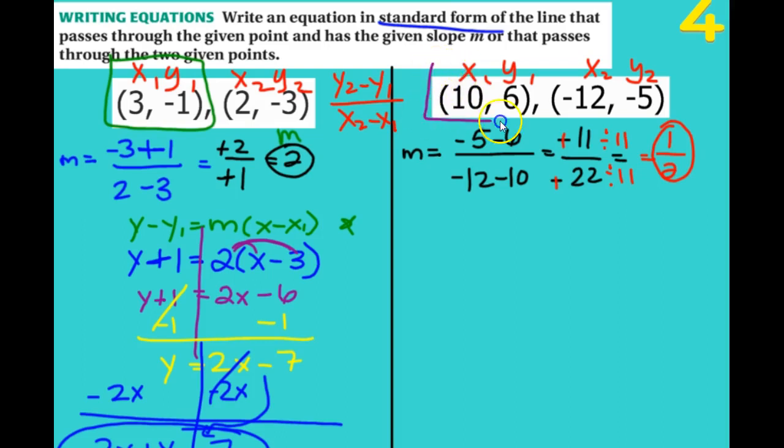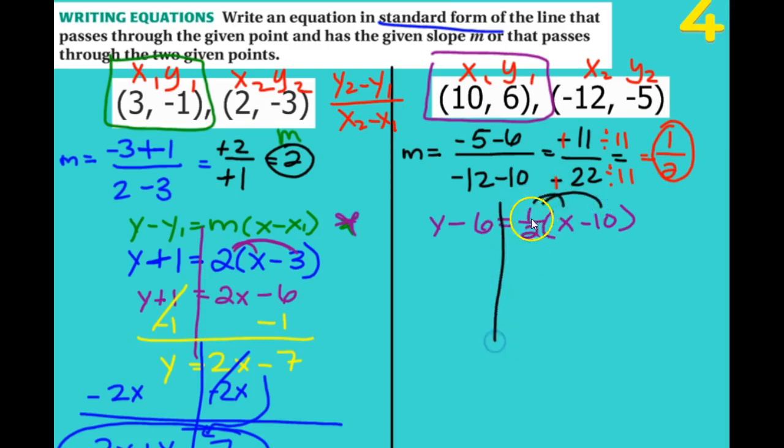So I'm going to use my point slope form because I have a point and a slope. Same equation that's over here. So y minus y1, which is 6, equal to our slope, which is 1/2, and then x minus x1, which is 10. So let's distribute to get rid of this. 1/2 times x is just 1/2 x.